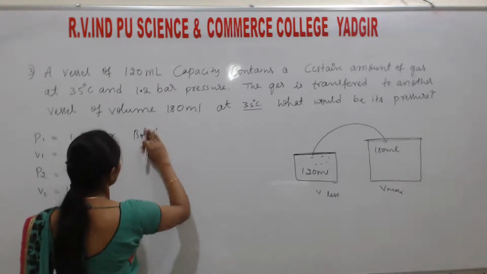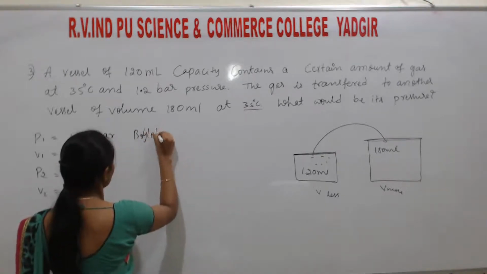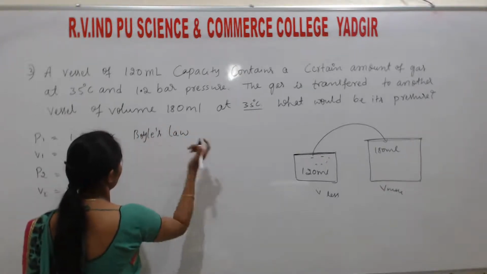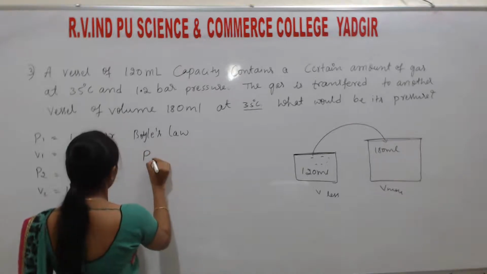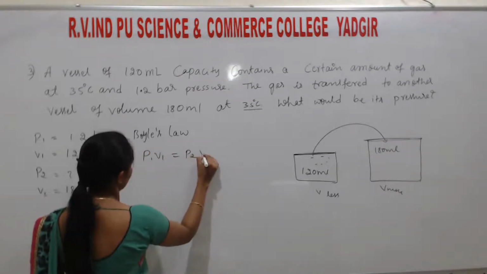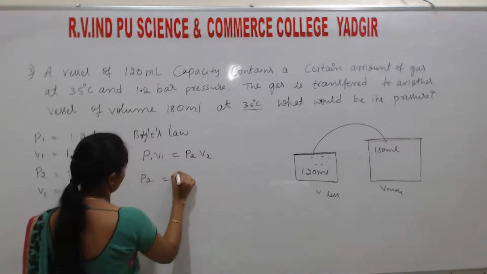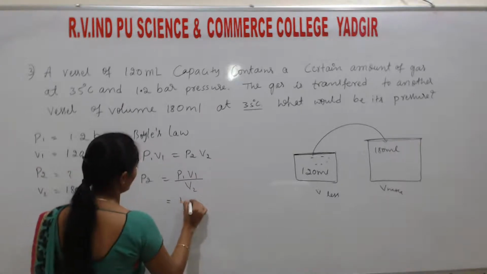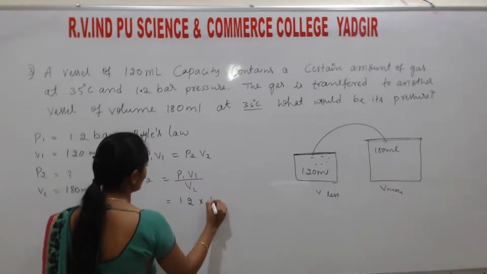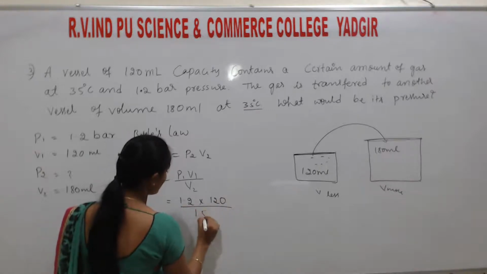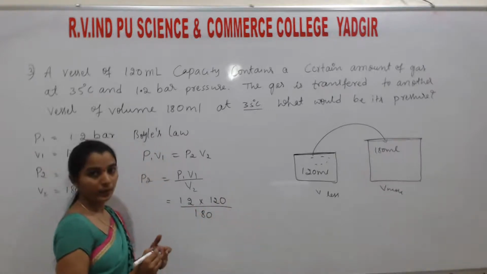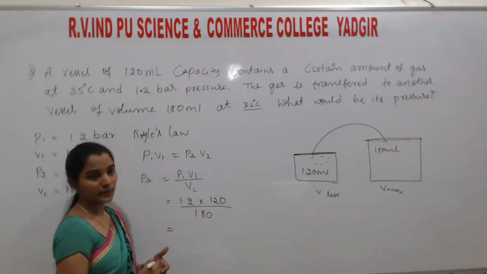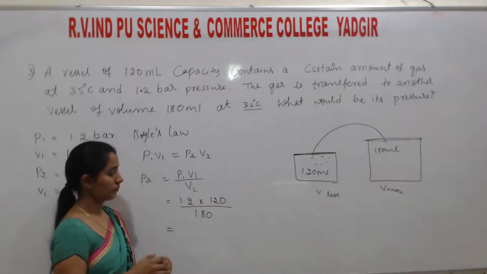Calculate yourself. P1 is 1.2, V1 is 120, V2 is 180. Calculate and answer me, I'll say how to calculate easily.